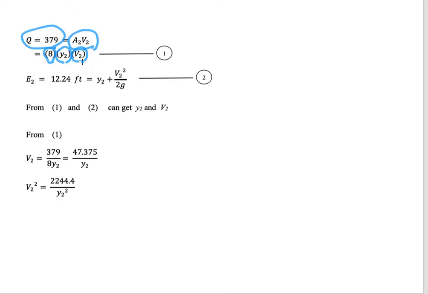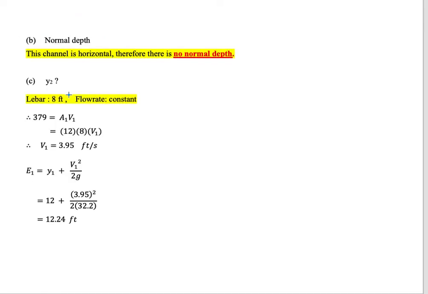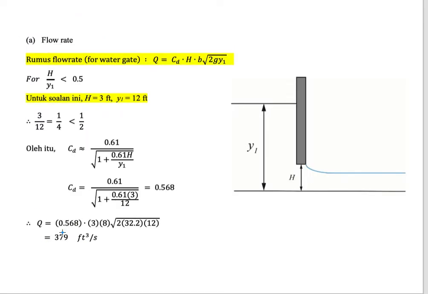So it is okay, we create another equation based on the energy equation here. We have y squared plus v squared over 2g, and it is equal to 12.24. The value here is actually based on the energy at point number 1. So this is point number 1 and maybe here is point number 2.